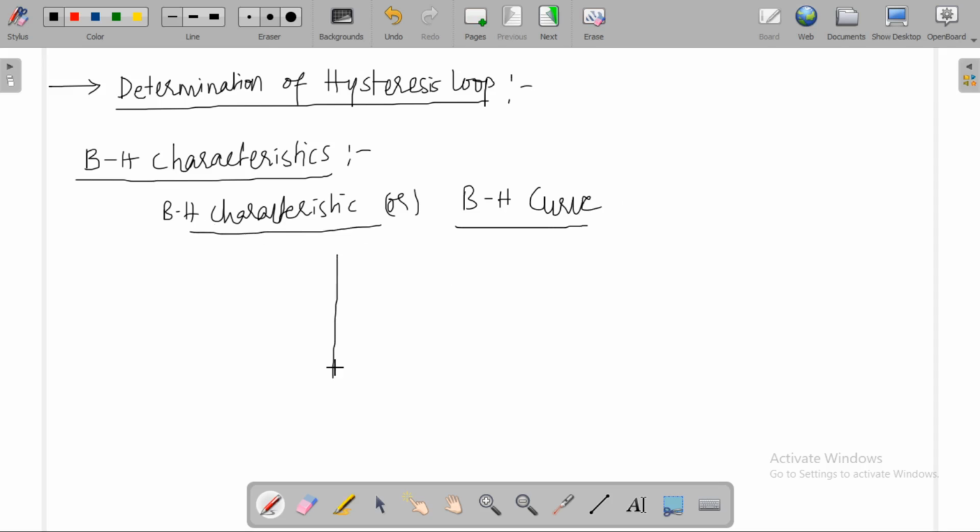It is the curve which gives the relationship between B versus H. What is B? B is flux density, which is equal to flux per area. What is H? H is magnetic intensity, which is equal to Ni by L.